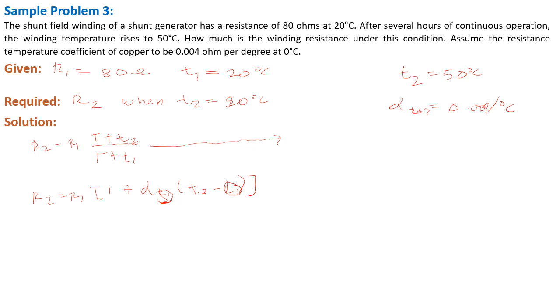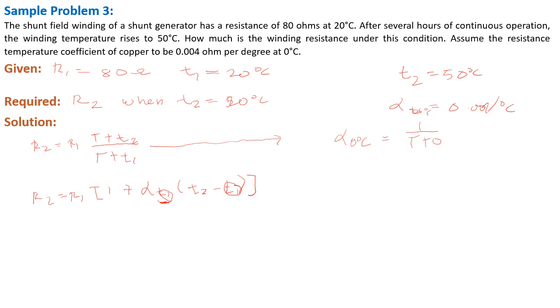But if you notice, your alpha at 0 degrees Celsius should be equal to 1 over T, capital T, plus 0, because the temperature is at 0 degrees Celsius.